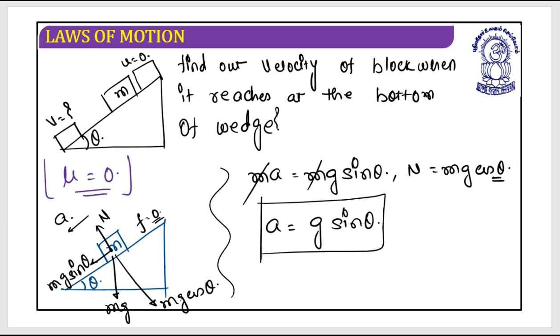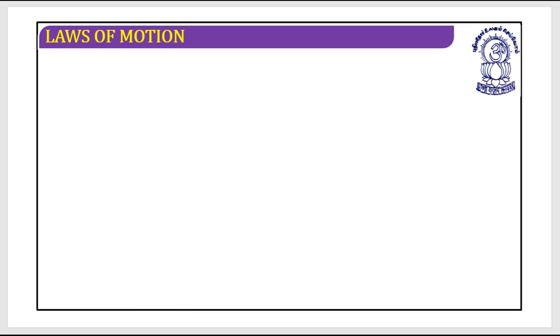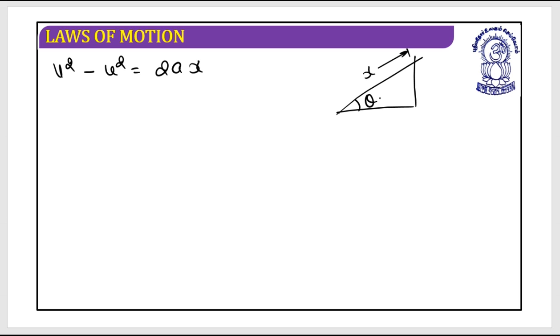And now the relations are open for me. I can write v square minus u square equals 2 into a into x. This was the x, this is theta, and this is the x. Let's suppose I have been given h. So v square minus 0 equals 2 into acceleration, which is g sin theta, multiplied by x.